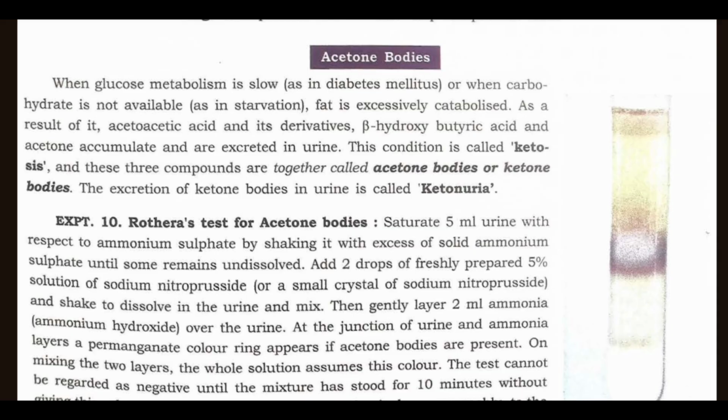As a result, acetoacetic acid and its derivatives beta hydroxybutyric acid and acetone are excreted in urine. This condition is called ketosis, and these three compounds are together called acetone bodies or ketone bodies. The excretion of ketone bodies in urine is called ketonuria.